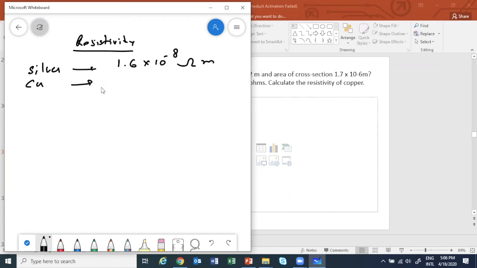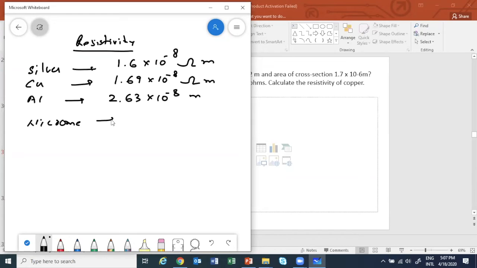Copper is 1.6 into 10 to the minus 8 ohm meter. Aluminium is 2.63 into 10 to the minus 8 ohm meter. Same, if you see nichrome, 110 into 10 to the minus 8 ohm meter.